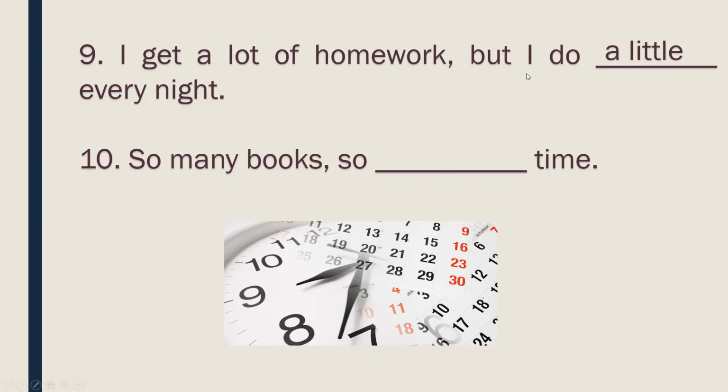But I can also say, but I do some every night. Okay, some or a little. Okay, guys. So I do some every night or I do a little every night. All right, people.